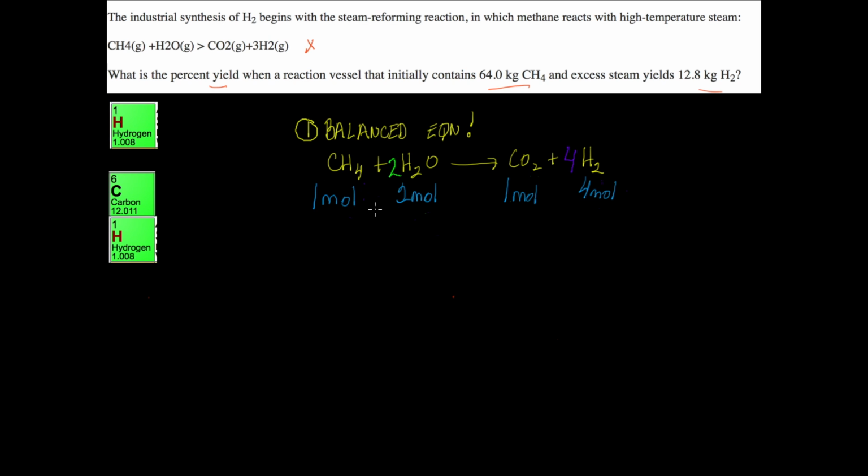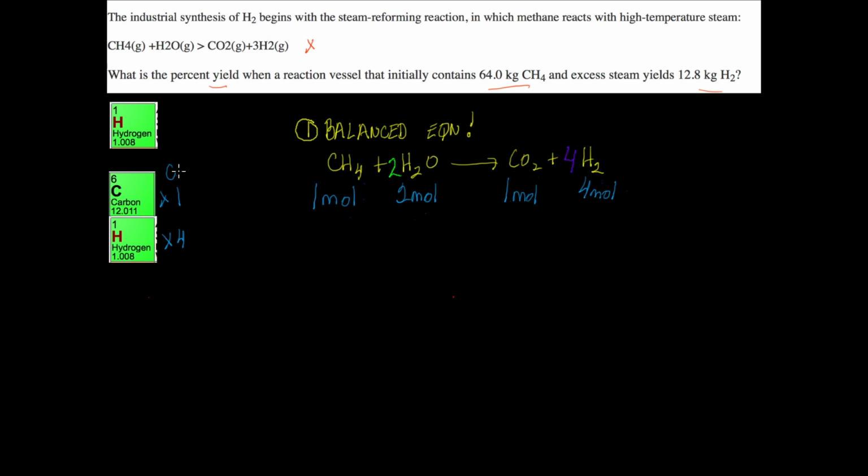Okay? And I asked her, well, what's a mole? And she said the 6.022 times 10 to the 23rd thingy. And I said, well, yeah, but how is that related to grams? And we looked at the periodic table and we did a little review on figuring out molar masses. CH4, for example, has 1 carbon and 4 hydrogens.